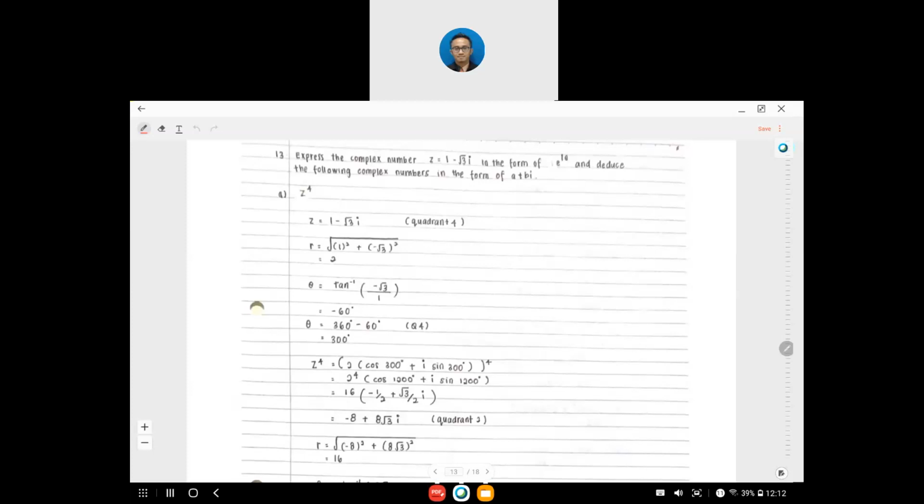So first, convert into exponential form. z equal to 1 minus 3i. So r equal to 2. This one is quadrant 4. Tangent negative 3 over 1, so negative 60 degrees. So this one is 300 degrees.